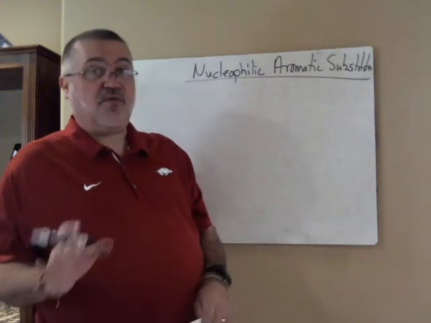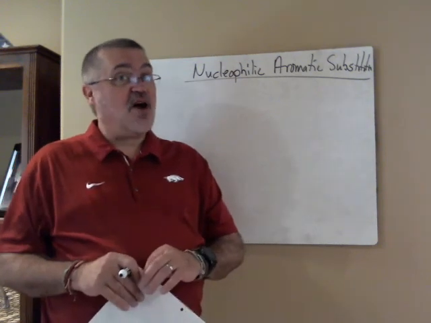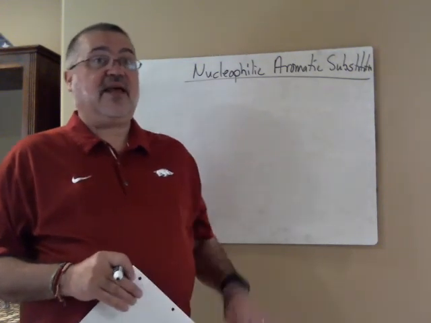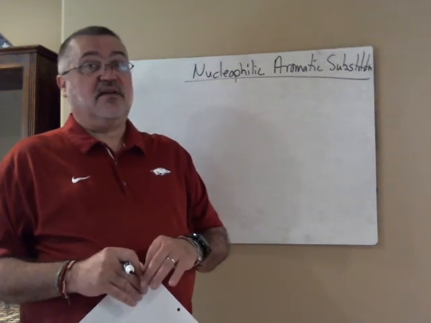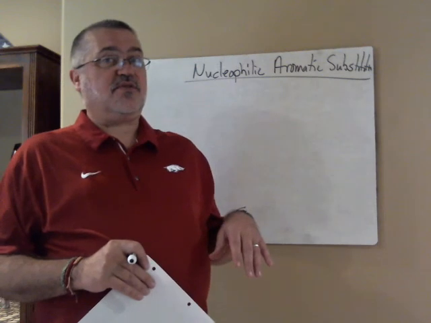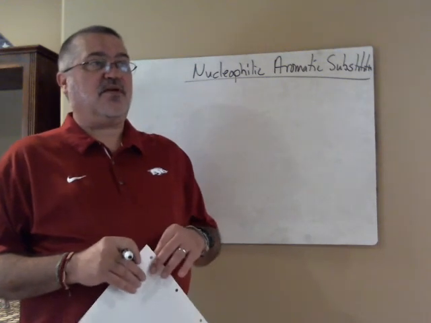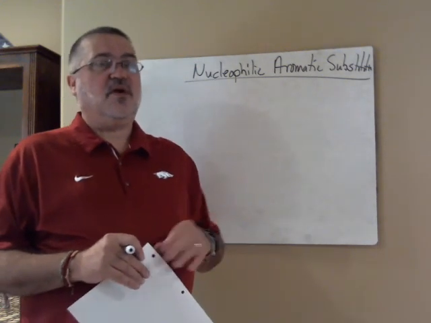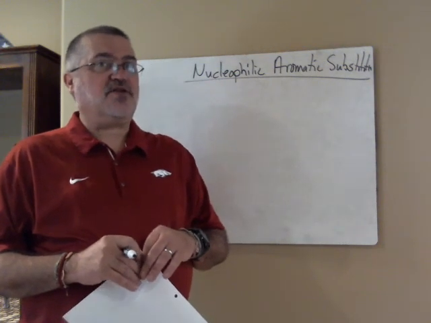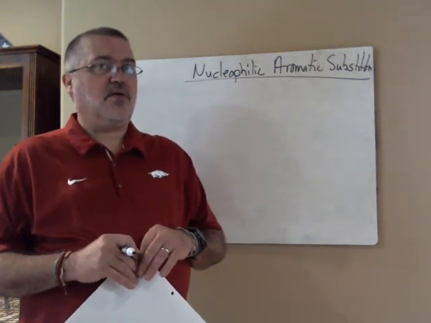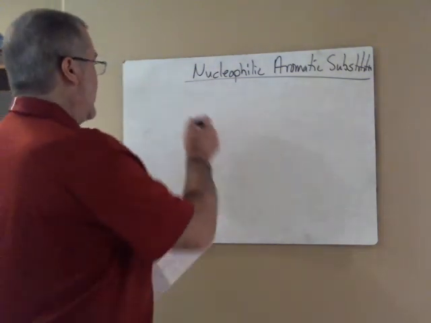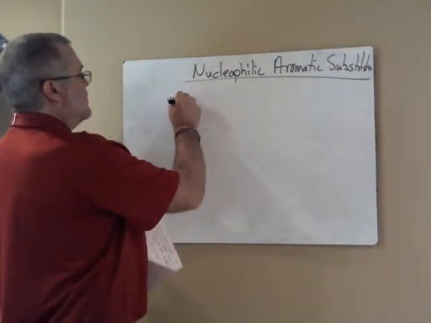But just before we get into this, just know that's not a very good reaction, making the benzene ring have to be an electrophile. So nucleophilic aromatic substitution reactions, there are only a few that will work, and there are very strict conditions for them to occur because they're just not favored. Okay, and so they have very strict requirements.